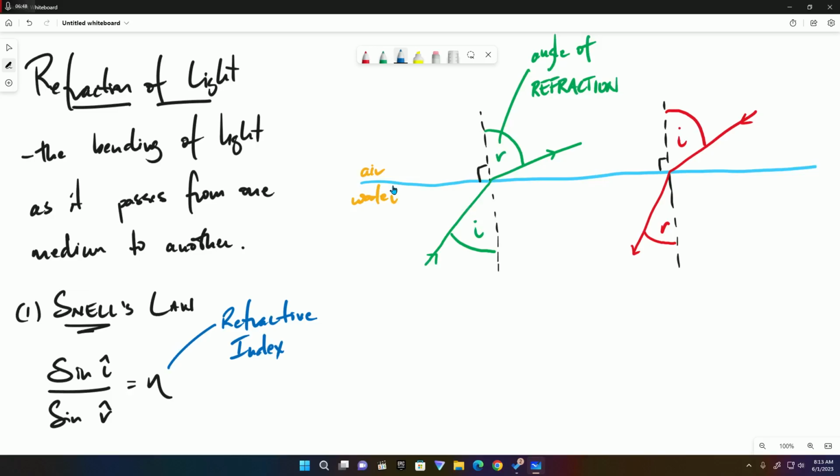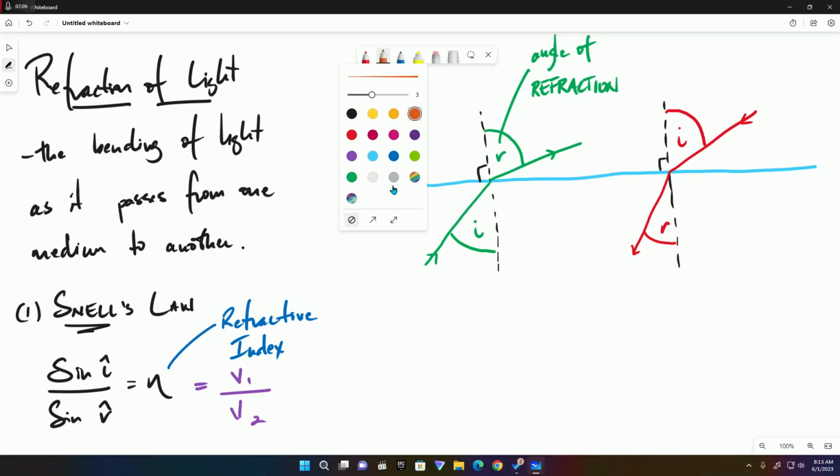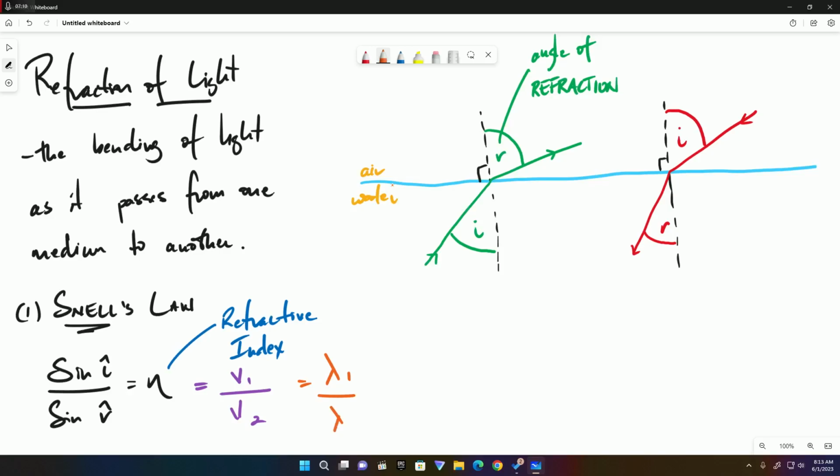Now, this refractive index is equal to two other ratios. The first ratio is the velocity of light in the first medium to the velocity of light in the second. And this is equal to something else as well: the wavelength in medium 1 to the wavelength in medium 2.